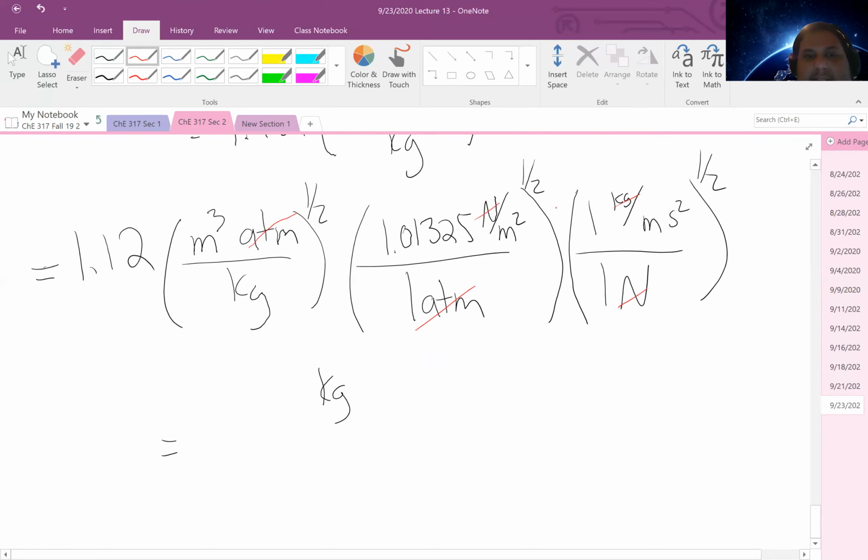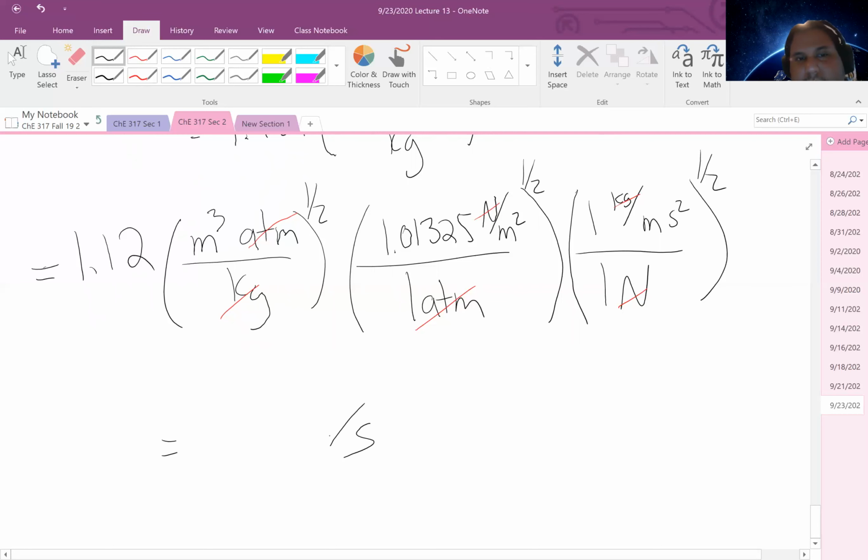The newton goes away. Actually, the kilograms cancel each other out, because I have a kilogram to the 1/2 on the bottom and a kilogram to the 1/2 on the top. And I have a second, because I have a second squared to the 1/2.